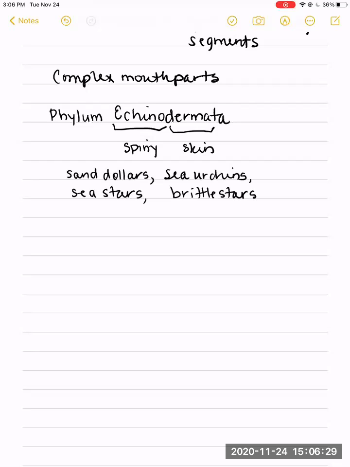What do they all have in common? Well, they have this 5 body part plan that they all share, and I'll show you a picture of that.